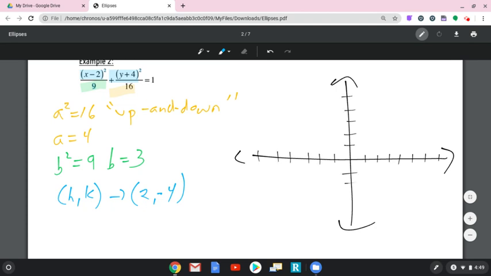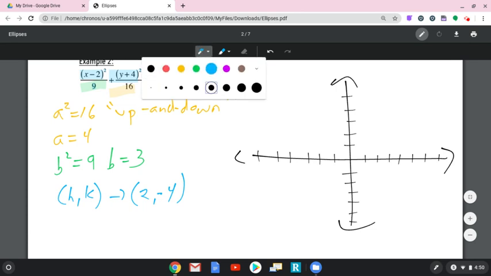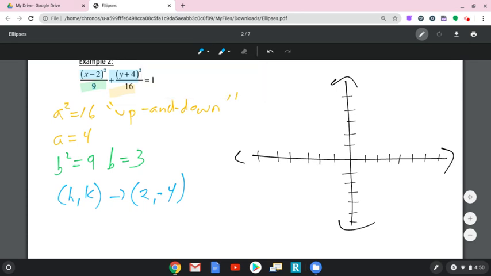I'm going to graph my center. I have 2, negative 4. So 2, 1, 2, 3, 4. So I have 2, negative 4 as my center. Now, because this is vertical, I actually might need to extend this down a little because I have an up and down.